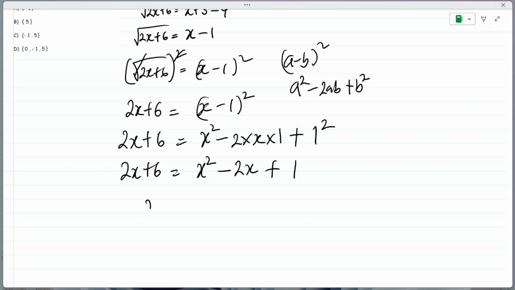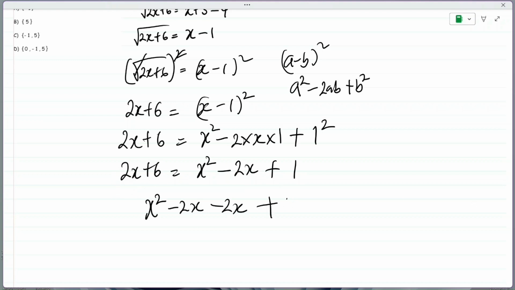You have x squared first, then you have minus 2x, you pick this minus 2x, then this plus 2x is crossing to the right and becoming minus 2x. This 2x has a positive, and when it crosses over the equals to sign, it becomes minus 2x. Or you can say subtract 2x from both sides.